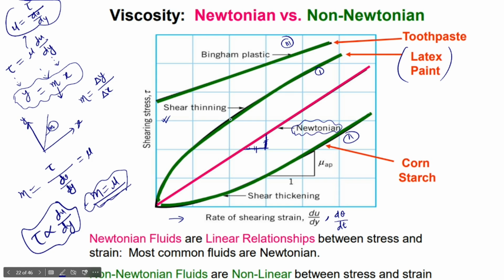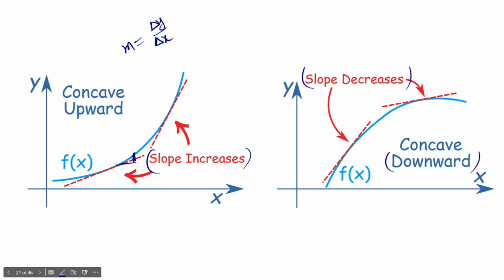Now take a look at this other curve, the shear thickening one. It is actually a concave upward curve. An upward curve will have an increase in slope, and because the slope is increasing, and our slope is equal to viscosity, our viscosity will also increase.